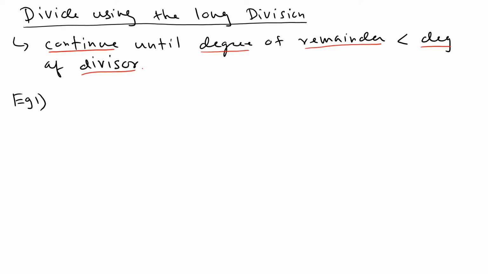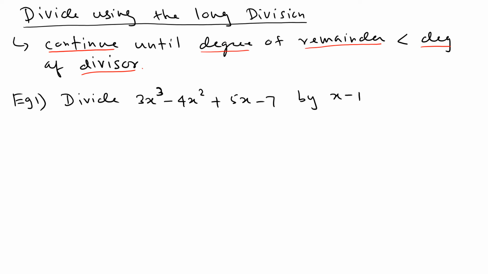Example number 1. Let's say divide 3x cubed minus 4x squared plus 5x minus 7 by x minus 1.